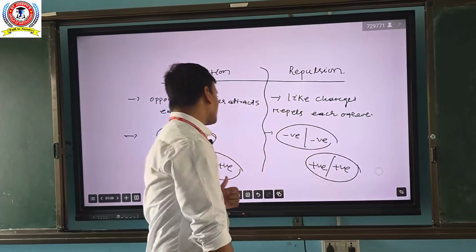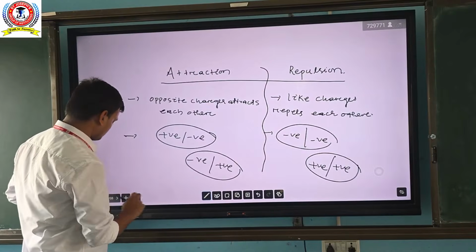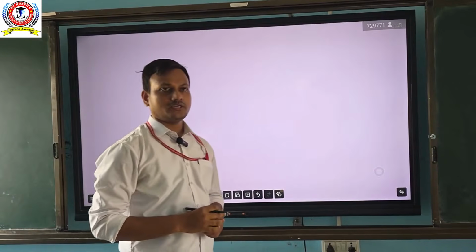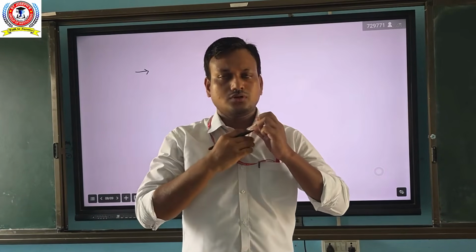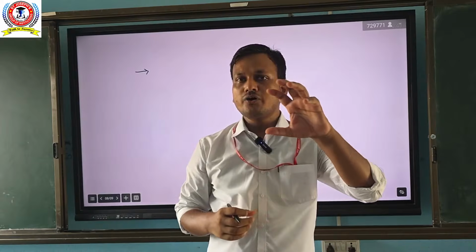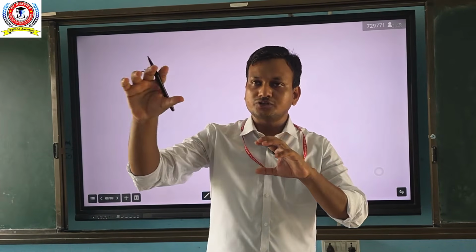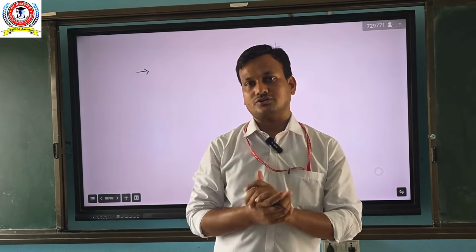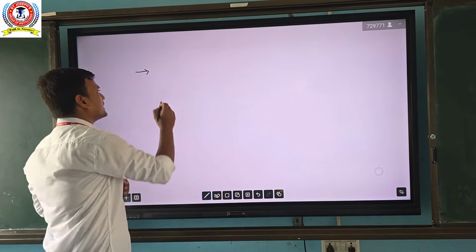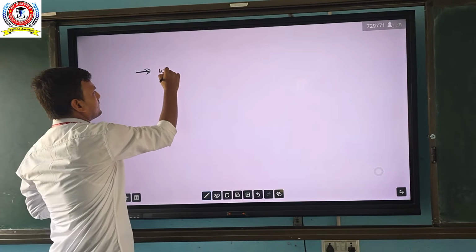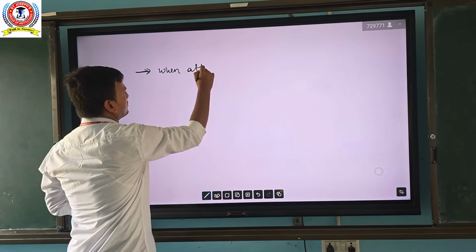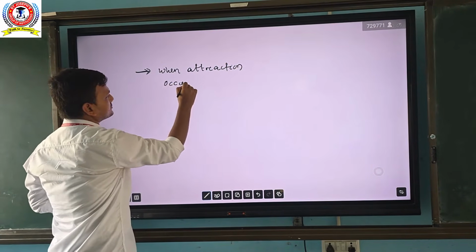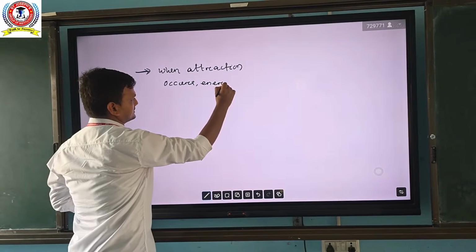Okay, come to the next point. Now we come to how energy is linked, or what is the relationship between energy, attraction and repulsion. For example, we know that when attraction occurs, energy releases.